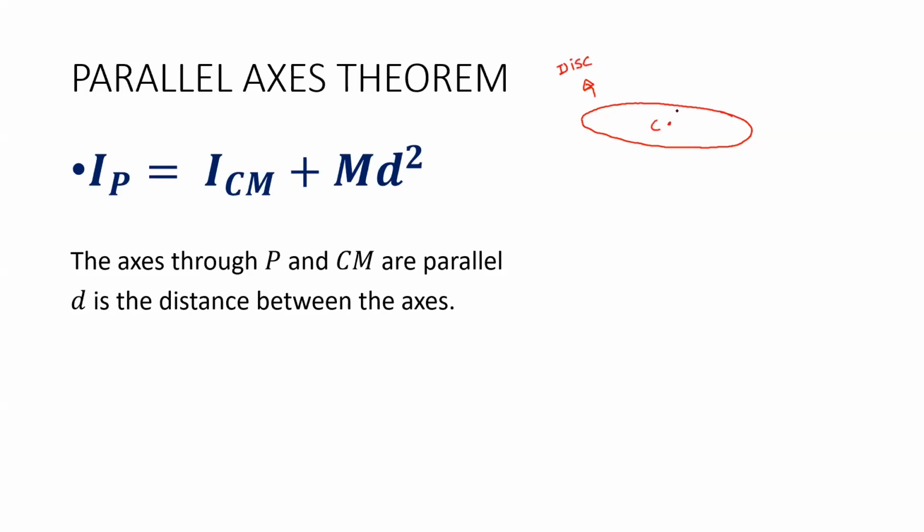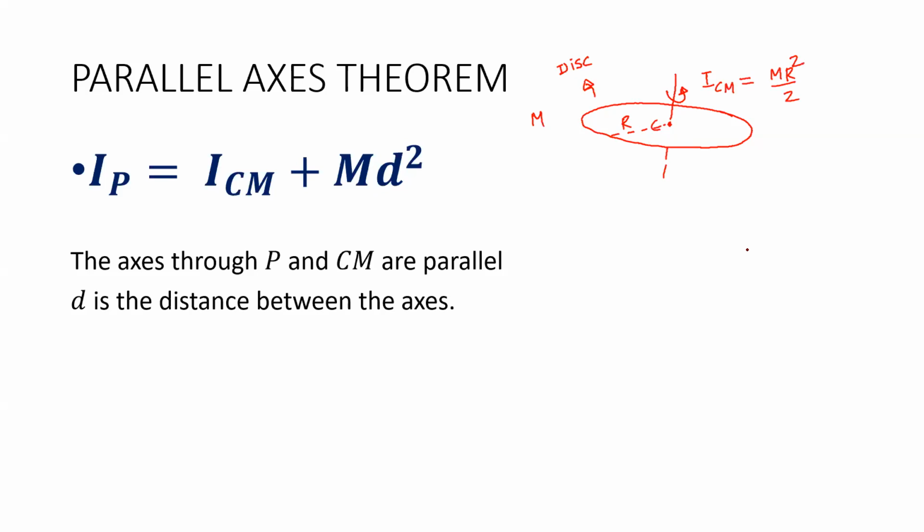Let's say that's the center of mass, and then I rotate about this axis. So that's the center of mass point. M is the mass of the disk and R is the radius. So if I rotate about this axis, the I_CM is MR square by 2.